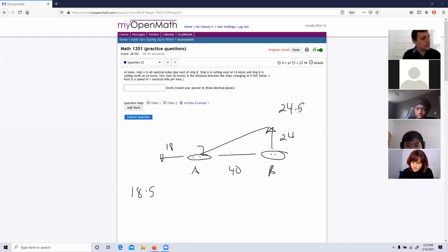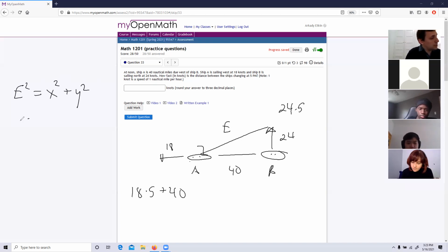So how fast is the distance changing? What you do is this distance you can call e. So we have that e squared is equal to x squared plus y squared. That's the distance, right? And what's x? x is 18 times 5 plus 40 at that moment.